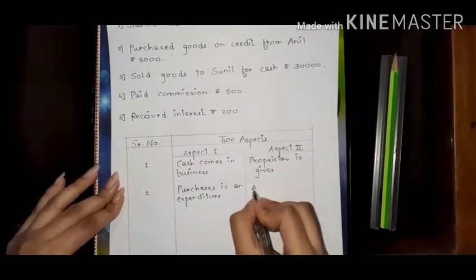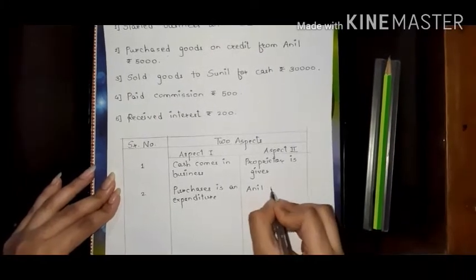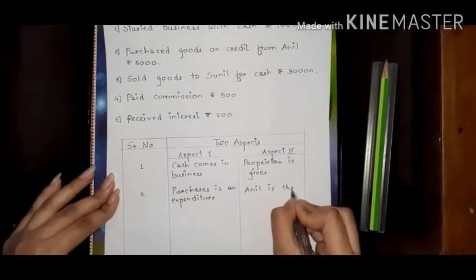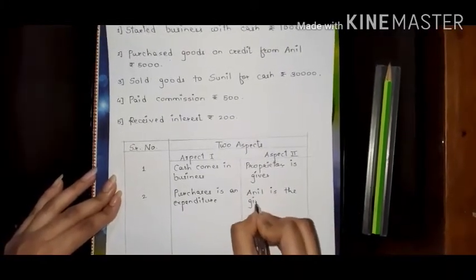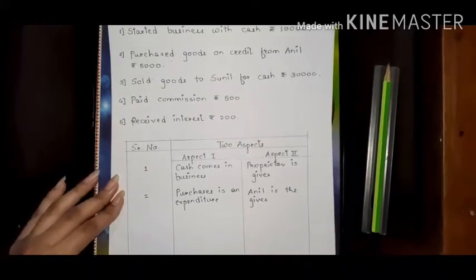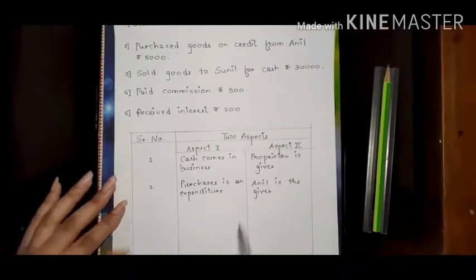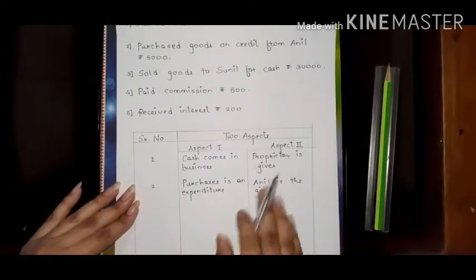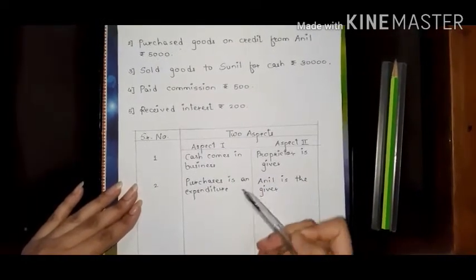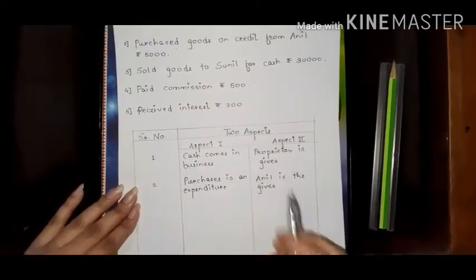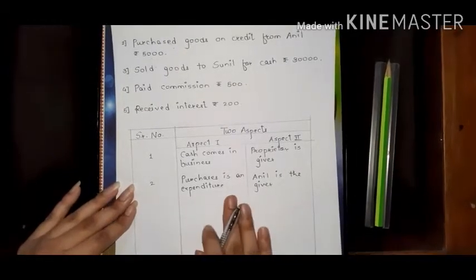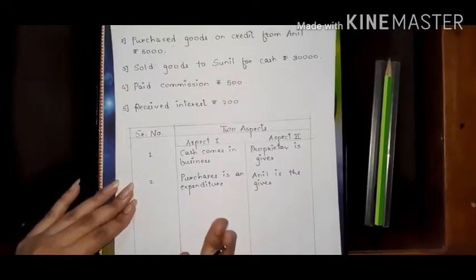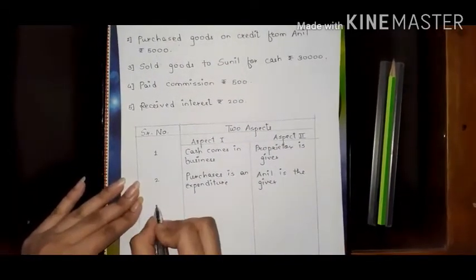Anil is the giver. Okay. We are just finding out two aspects. According to rules, we will study it in a further example. Now just we have to find out two aspects over here. Don't get confused.